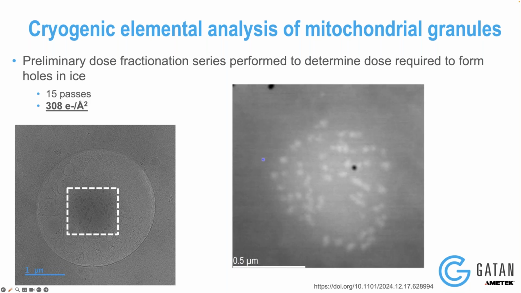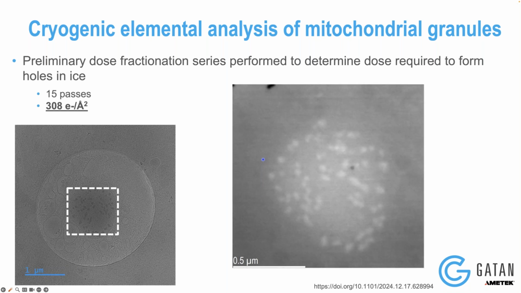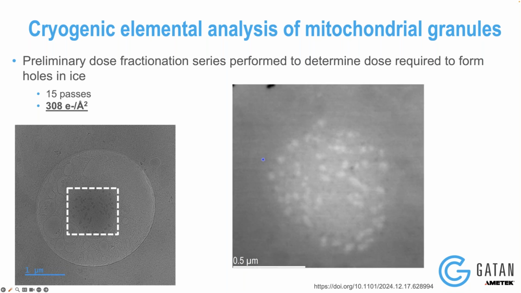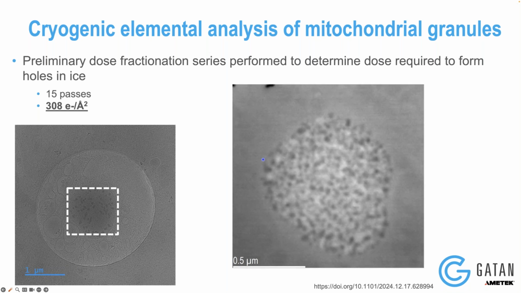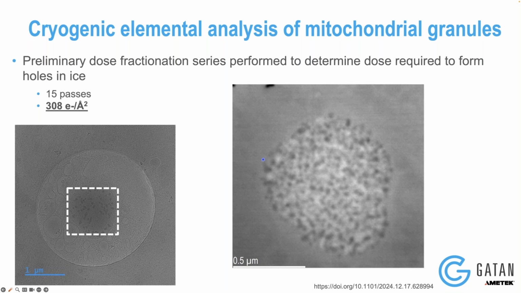We want to make sure that we get our data before that degradation occurs in our time series. With this data, 15 passes is what we get, and that's an accumulated dose of just over 300 electrons per angstrom squared. Then we run multiple different ROIs and acquire lots of data with those probe currents, pixel sizes, and so forth.